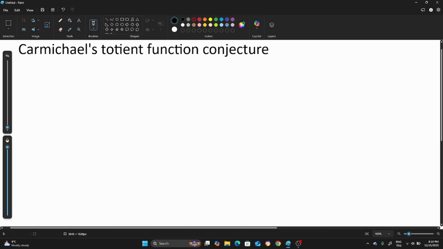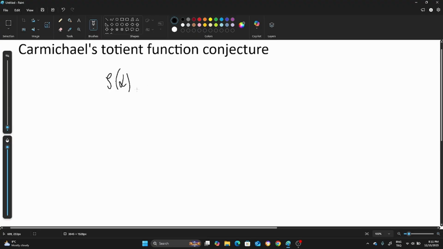Hi, in this video I want to talk about this Carmichael's Totient function conjecture. Now, I hope we all know what the totient function is, which I'll represent like this, totient of alpha. The totient function basically gives you the amount of integers up to alpha minus 1 that are co-prime to alpha.